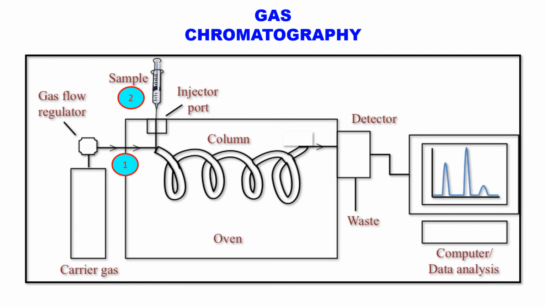The eluent coming out of the column is detected by the detector, and the detected messages are analyzed by a computer operated software.